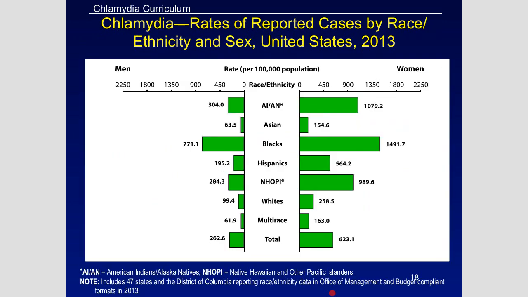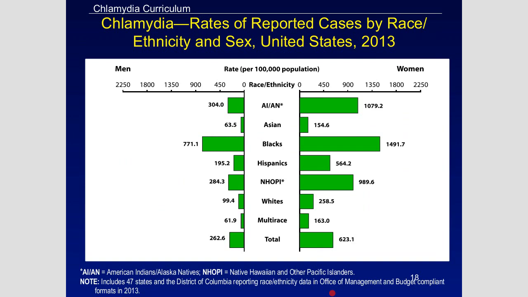If you look at ethnicity, again, I want you to pay attention to men and women per 1,000 population. I know you know more statistics than myself, but you can see here that Asians, for some reason, have very low incidence in men and women as compared to any other group.